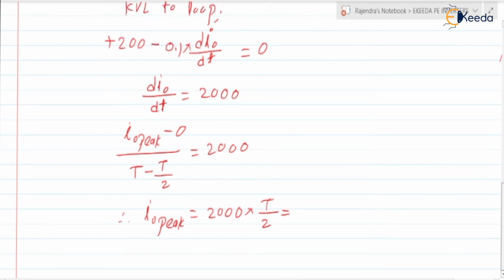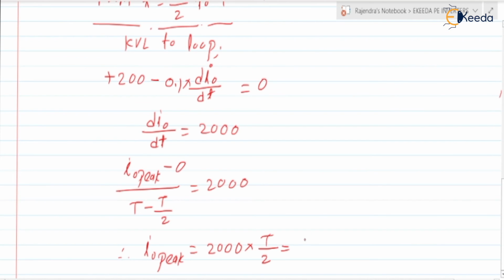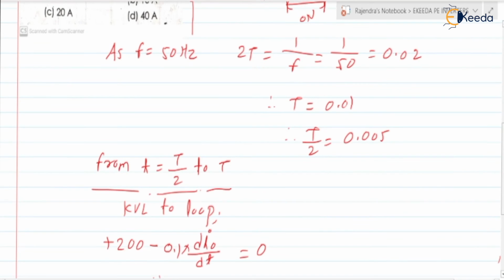T by 2 is 0.005, so it is 2000 into 0.005, which is 10 ampere. So I0 peak is equal to 10 ampere. Very, very important expression.